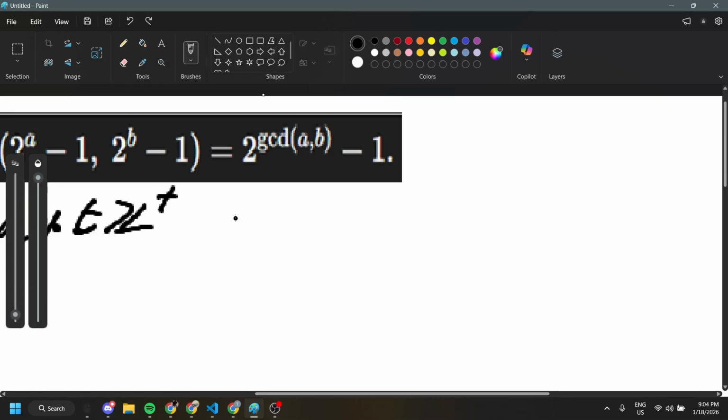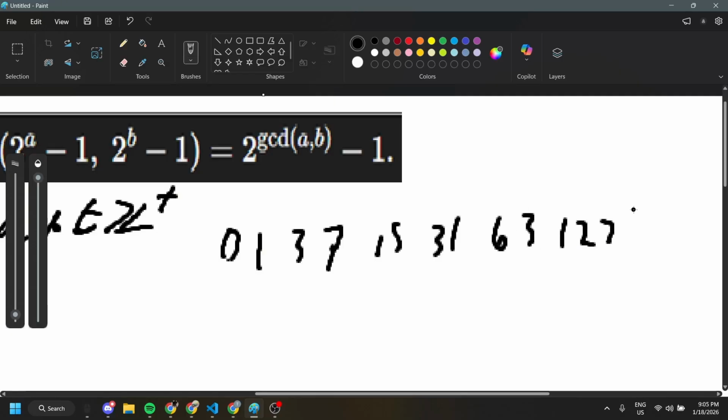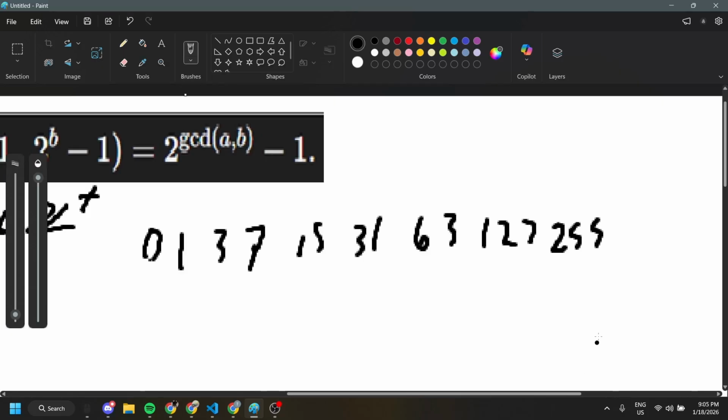So 2 to the 1 is, or let's just do 0, and then 1, 3, 7, 15, 31, 63, 127, 255, and then we could go 511.